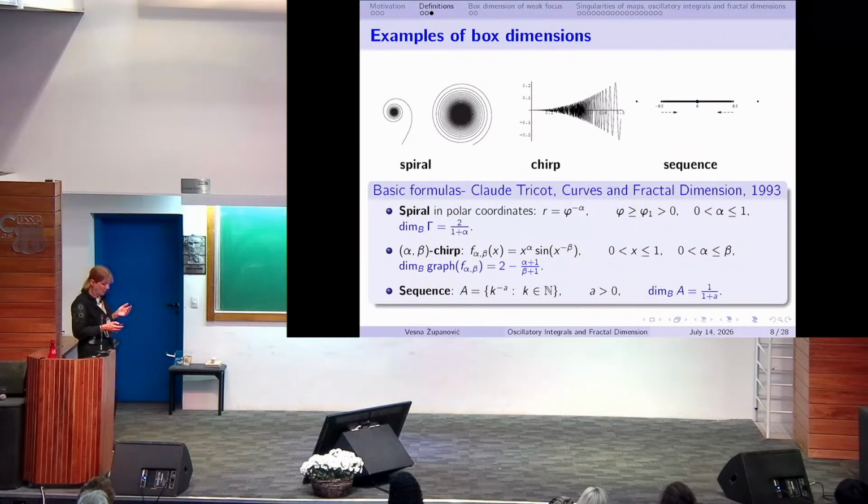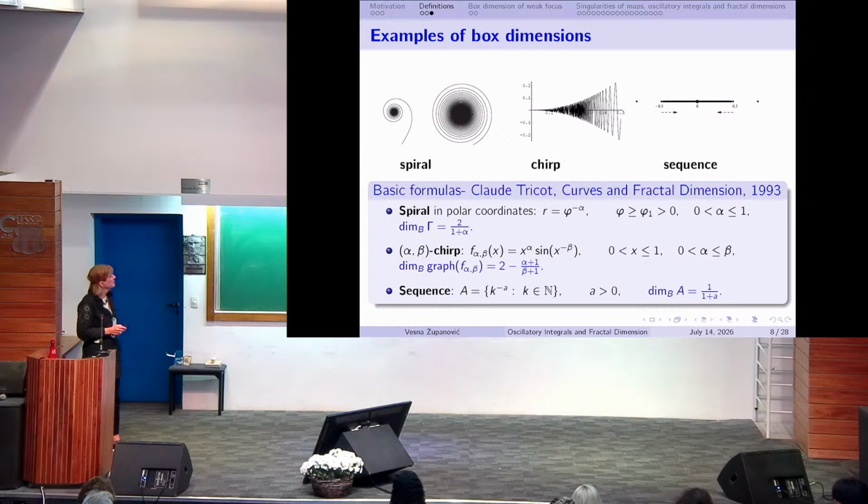Okay, formulas, Claude Tricot formulas. Spiral in polar coordinates. This spiral, we are interested in accumulation near 0, near origin. So for this alpha, spiral is non-rectifiable, I mean with infinite length.